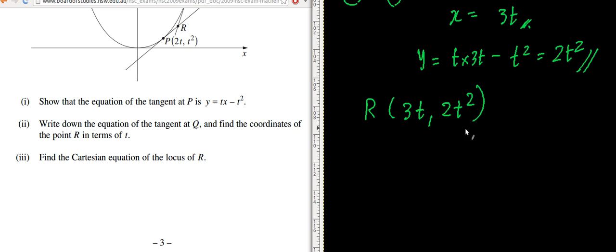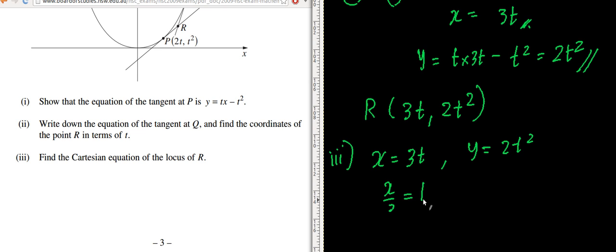Now they want you to find the Cartesian equation of this, so the locus of this, right? So basically if I say x is equal to 3t and y is equal to 2t squared, so by the way, this is part 3 of that question. Okay, sorry I didn't explicitly state that, but anyway, x is equal to 3t, y is 2t squared. I can say x on 3 is equal to t, right?